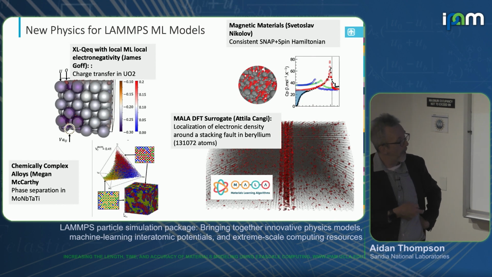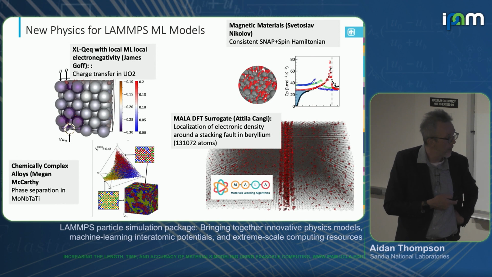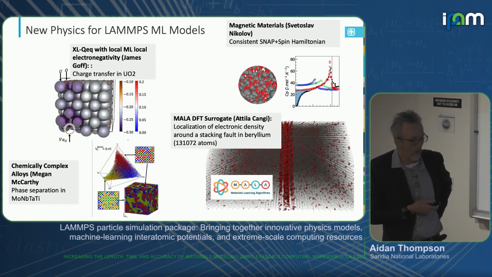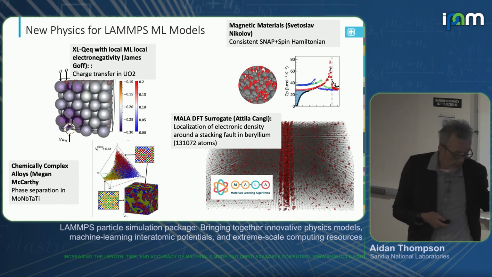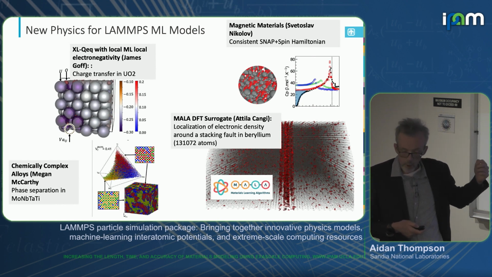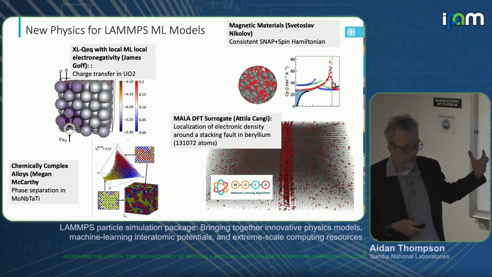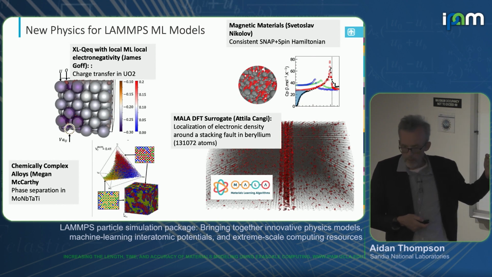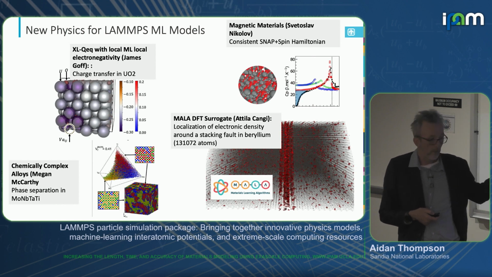So first of all, a collaboration between James Goff and Anders Nicolason at Los Alamos has resulted in this really nice new model for uranium dioxide, where the charges on the oxygen and uranium atoms are not just variable, but the model that's used to do that, a charge equilibration model, has a parameter, the electronegativity, that itself is environmentally variable.